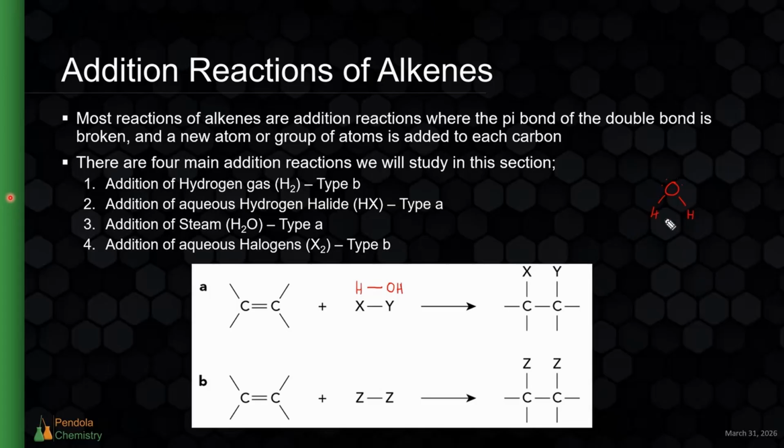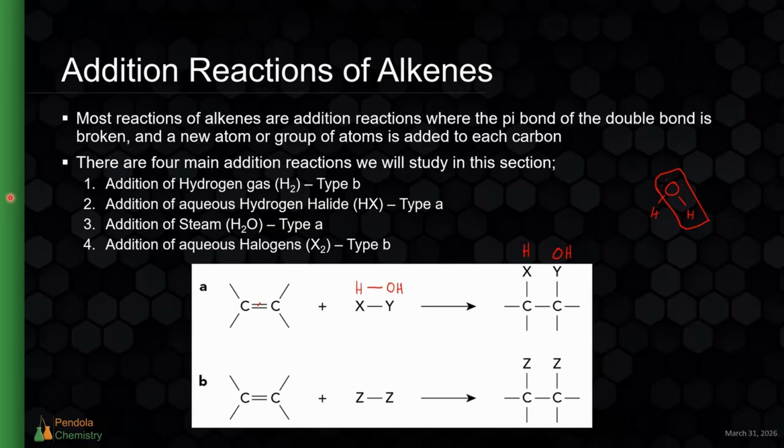That's still water, but essentially we're bundling up the O and one of the H's together and treating the other hydrogen separately. So when an addition reaction happens with steam, we're going to break that pi bond, and then we're going to add a hydrogen on one side and a hydroxide on the other, creating an alcohol. And we'll talk about why that creates an alcohol in a little bit.